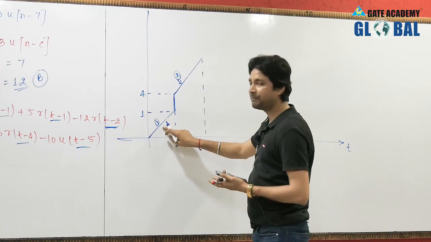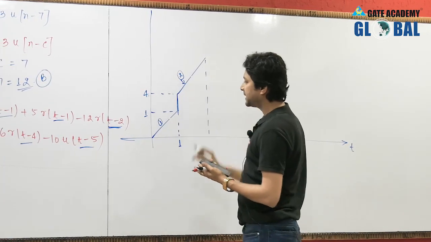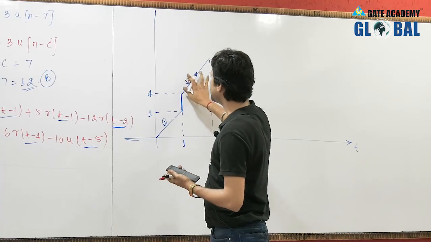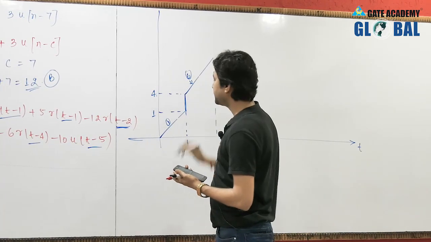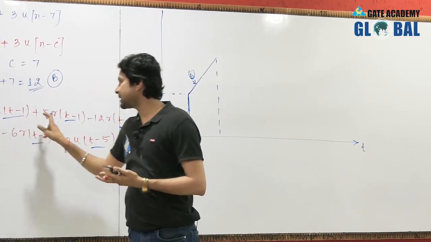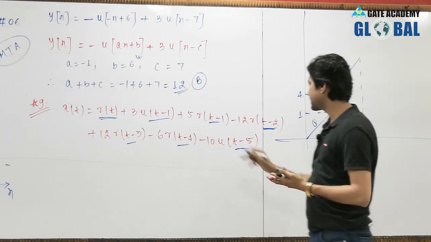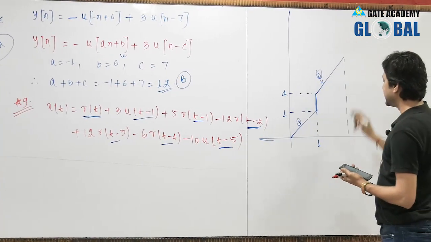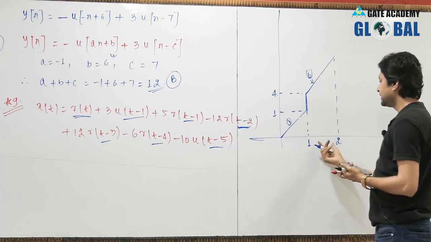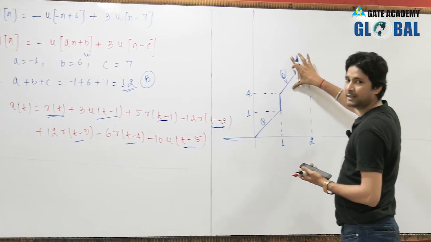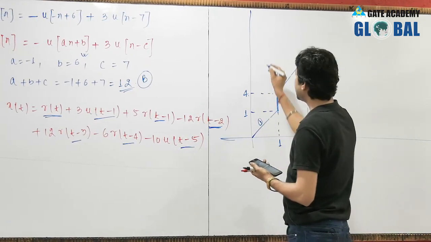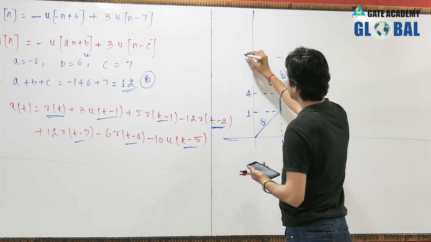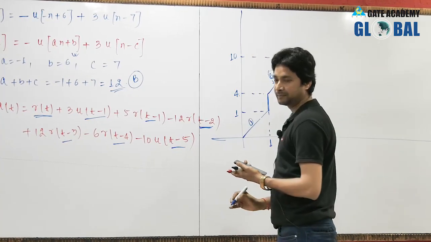The slope of this ramp is 1, but for this signal the slope is 1 plus 5, that is 6. So if you move with slope 6 for time 1 unit, then you will be gaining value by 6 units. Therefore, if you are at 4, then at this point you will be at 10.